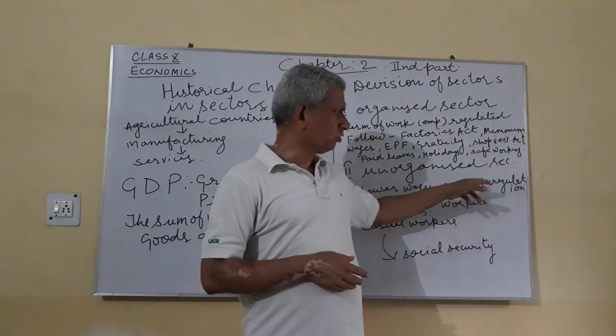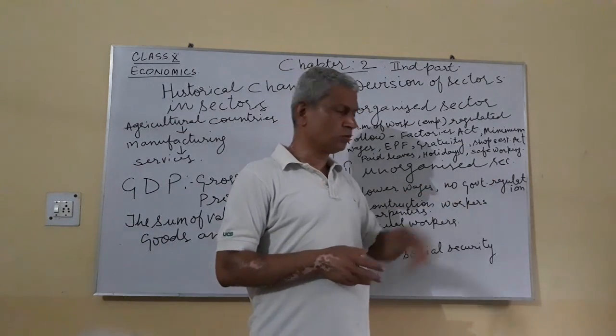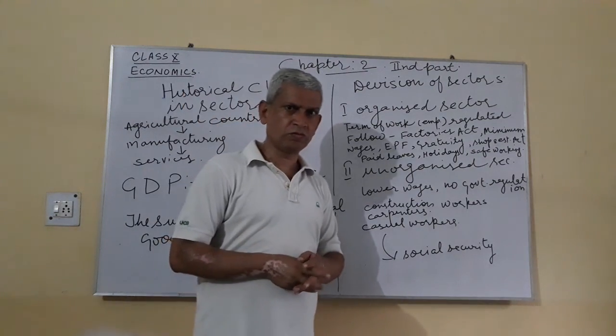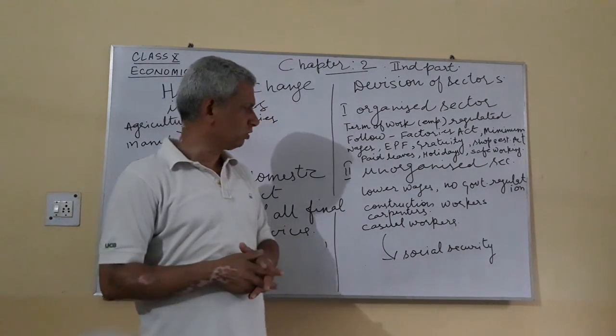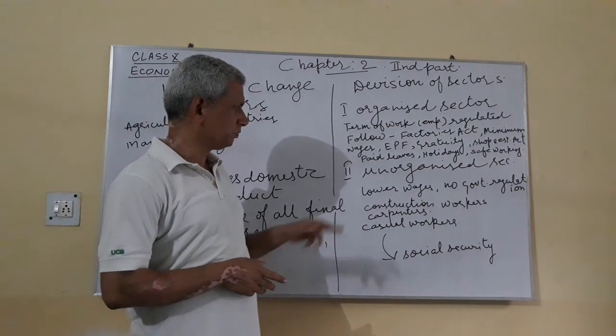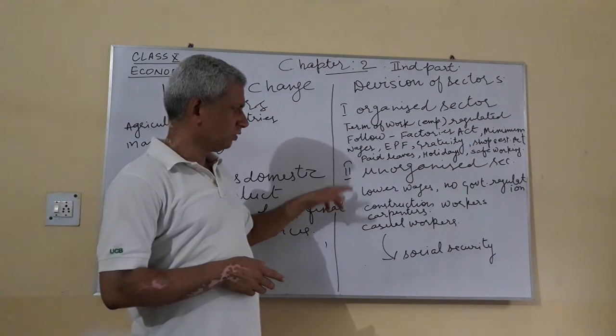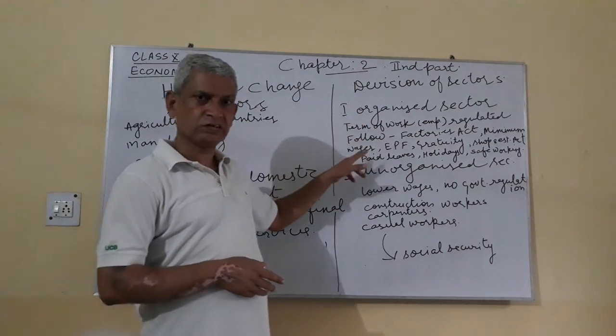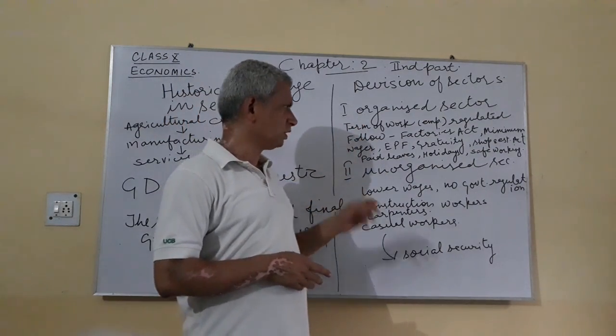Because they don't follow government regulations, working hours are not fixed. They work sometimes 10 hours, 12 hours, maybe even 14 hours a day. So the benefits which the organized sector gets are not enjoyed by the people in the unorganized sector.